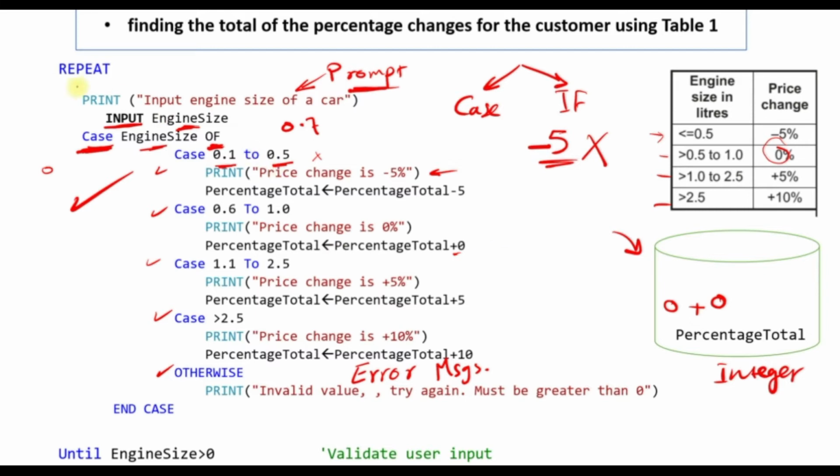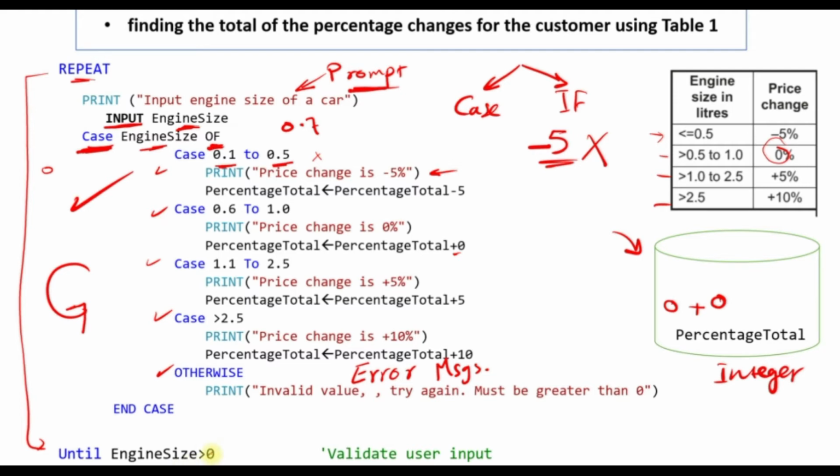-1? I created here a loop, a REPEAT loop. What is the loop? The loop is an iteration for a structure or for some lines in between these loop brackets. So REPEAT UNTIL, it will keep repeating until the value of engine size is greater than 0.